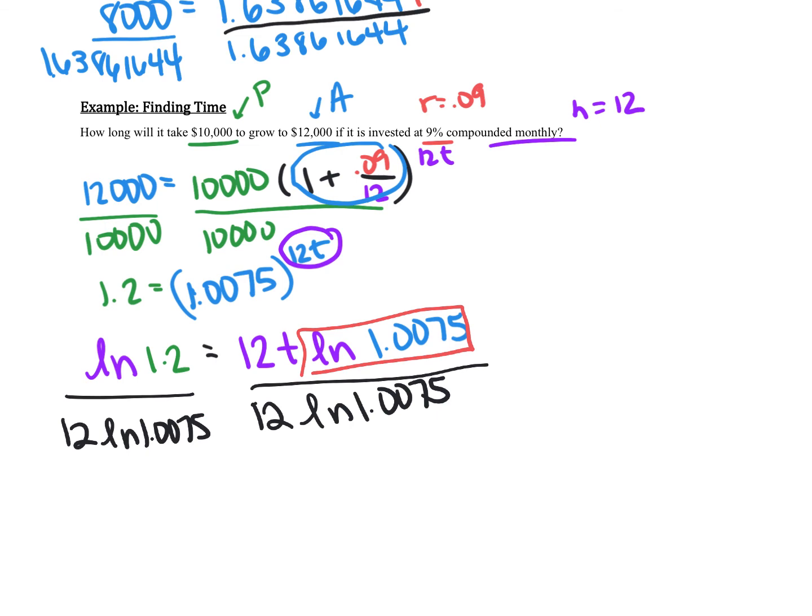So on my calculator, I'm going to do natural log of 1.2 divided by, I'm going to use another set of parentheses, 12 times the natural log of 1.0075. When I do that, I get t is equal to 2.033. So this is 2.033 years in terms of my time.